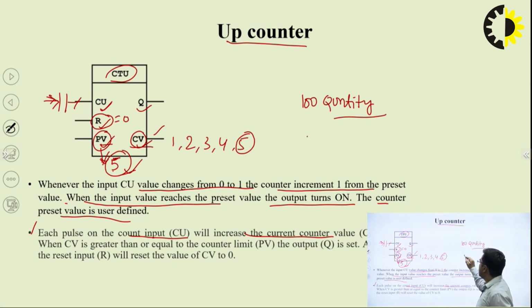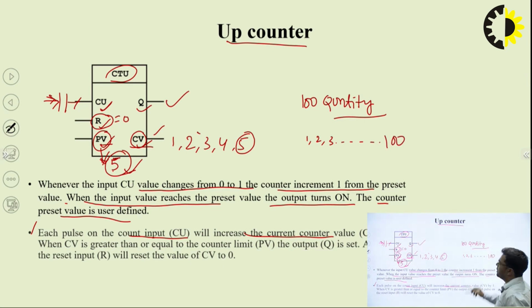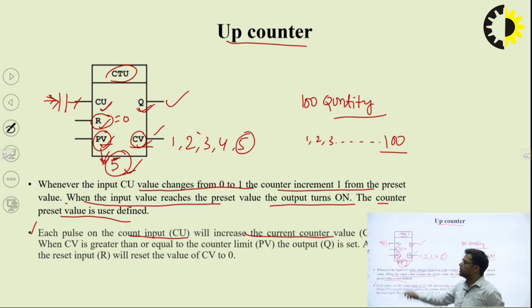Initially one vehicle makes it 1, then 2, and every step there is an increment of one. The output will be activated when the parking lot is full, like at 100. If 100 vehicles are reached, the output Q will be activated, Q will be on.